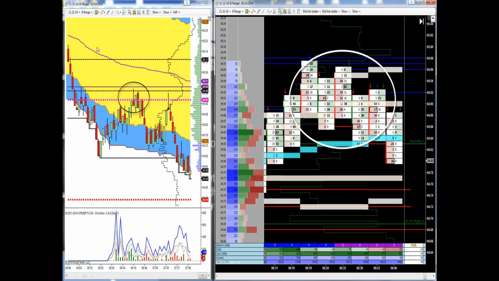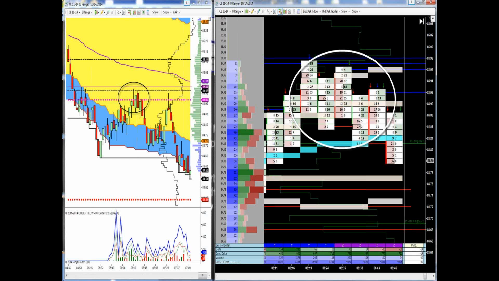So I've got the chart on the left with my value areas. I've got the chart on the right with my order flow. This is crude, and this is yesterday morning, pre-market, about 6 o'clock. I'm going to show you how I'm using it.